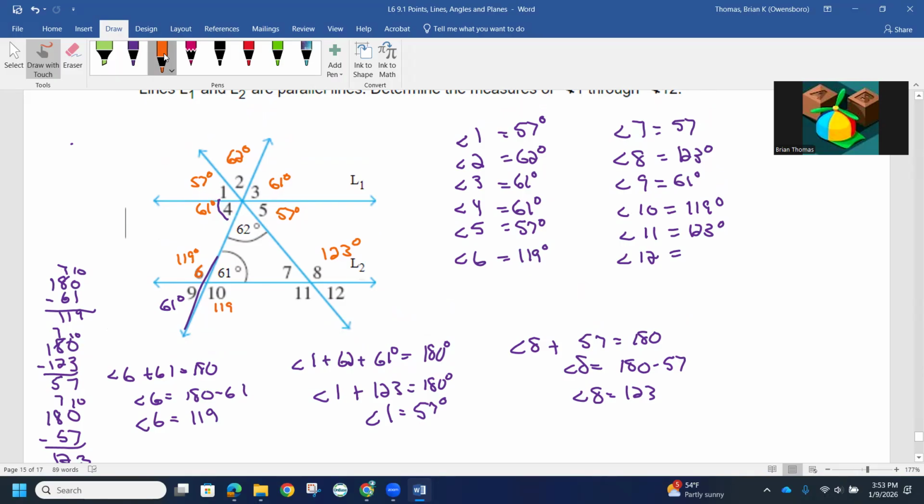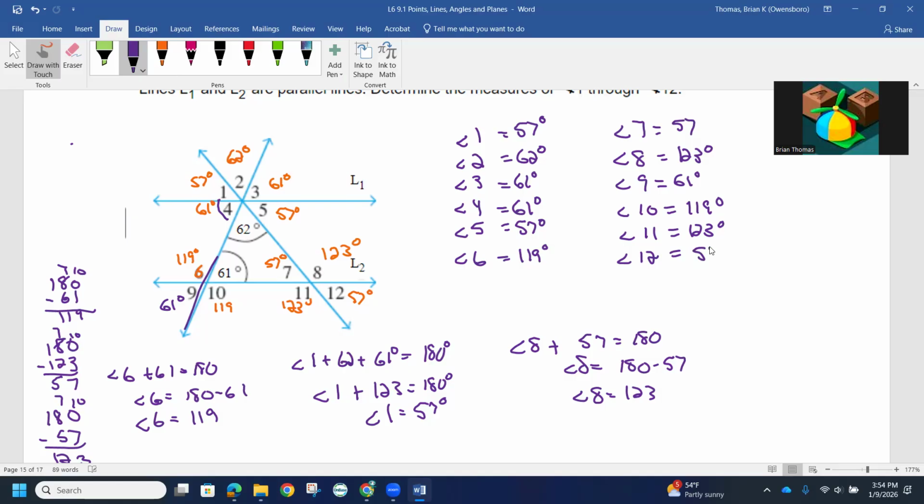So this is now going to be 57. So 11 we said was 123 because 8 and 11 were equal. So notice that 7 and 12 have to be equal as well because those are vertical angles, 57 degrees. So angle 12 is going to be 57.